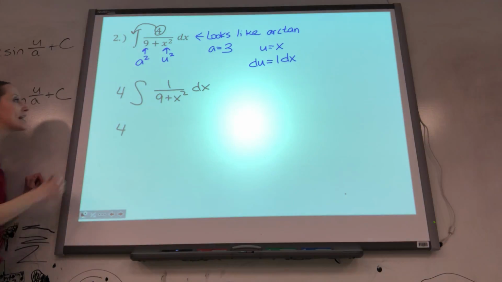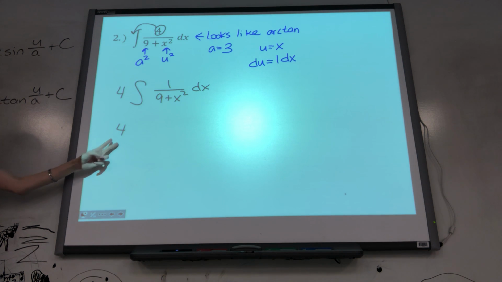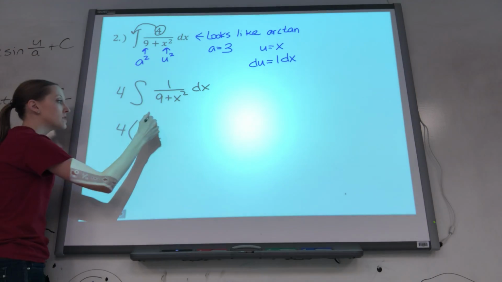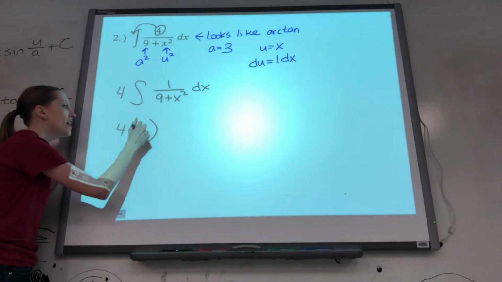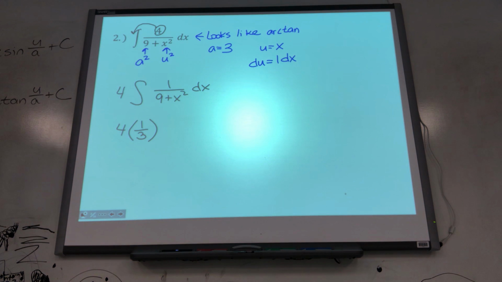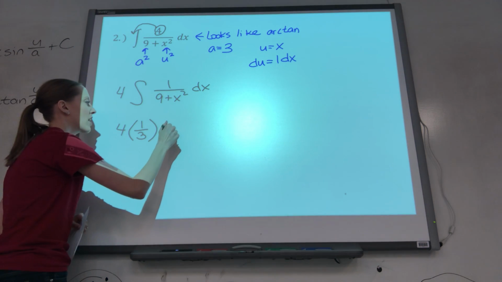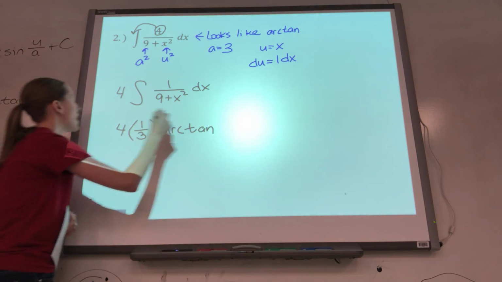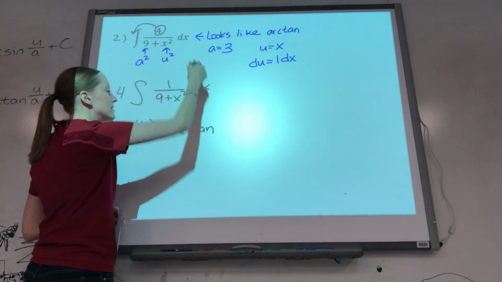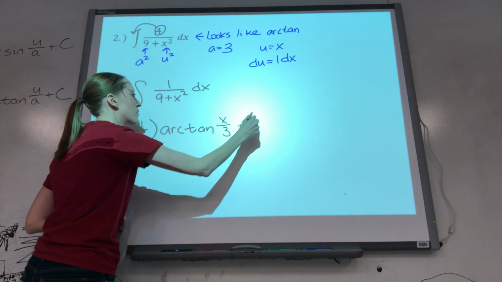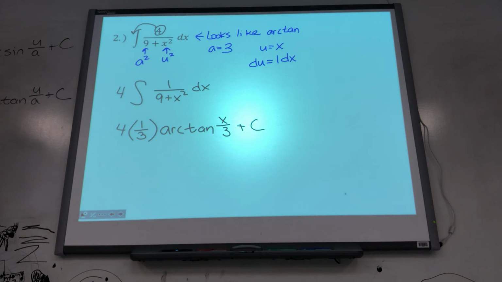So when you write your answer, the 4 is going to be out front. It is going to get multiplied by the 1 over a that you're also supposed to have out front. That would be 1 over 3 in this problem. Then arctan of u over a, so that is x over 3, plus c.